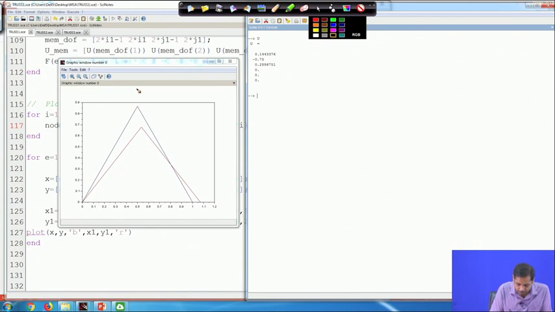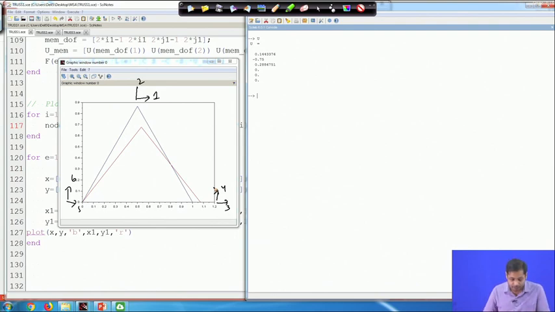If you recall, the degrees of freedom were 1, 2, then 3, 4, and then 5 and 6. So, 4, 5, 6 are 0 because these are constrained, and then this u is the degree of freedom, and minus 0.075 is this, and this value is your degree of freedom. So, this is the deformed shape.